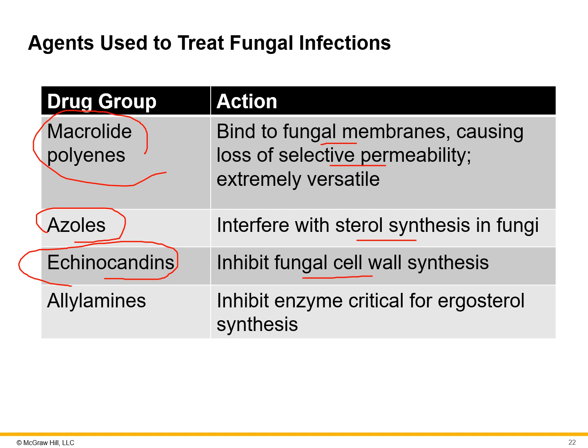So penicillins don't treat fungi because the cell walls are made up of different things, and vice versa. And then finally, the amines. These inhibit enzymes that are critical for that ergosterol or sterol synthesis. So kind of similar to the azoles, but it's just inhibiting its synthesis rather than directly interfering with it.